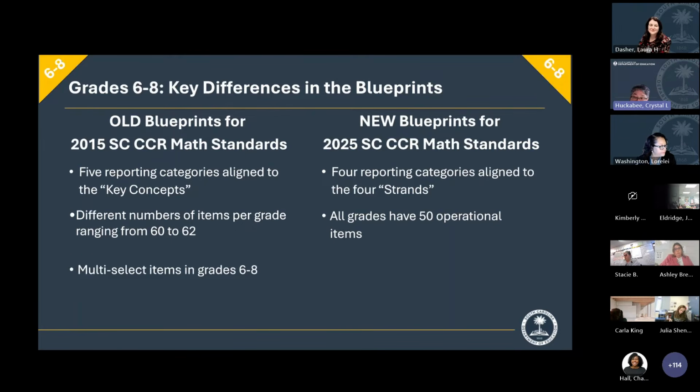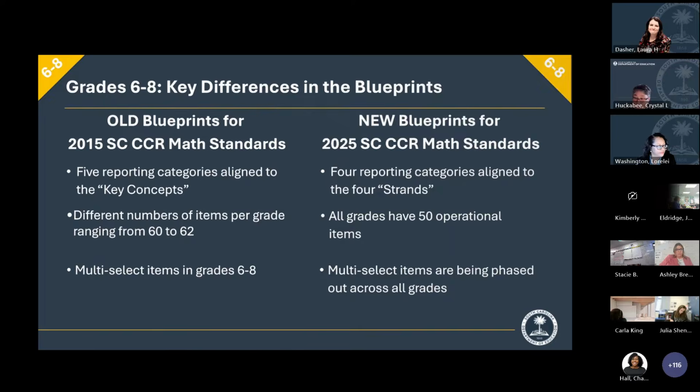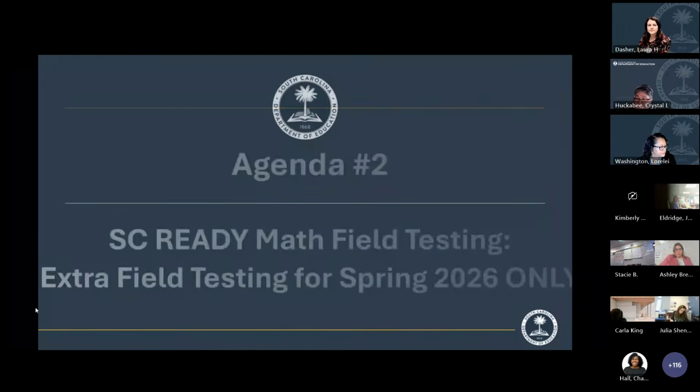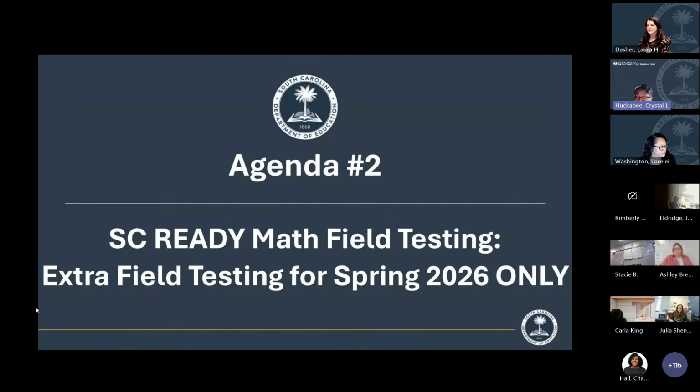We had multi-select items in grades 6 through 8 under the old blueprint. And with the new blueprint, these multi-select items are being phased out across all grade levels. And again, you can access those blueprints for yourself using the quick links that Laura has dropped in the chat.